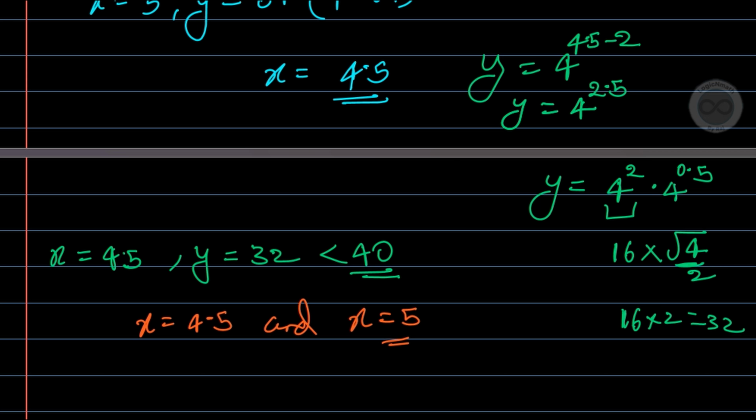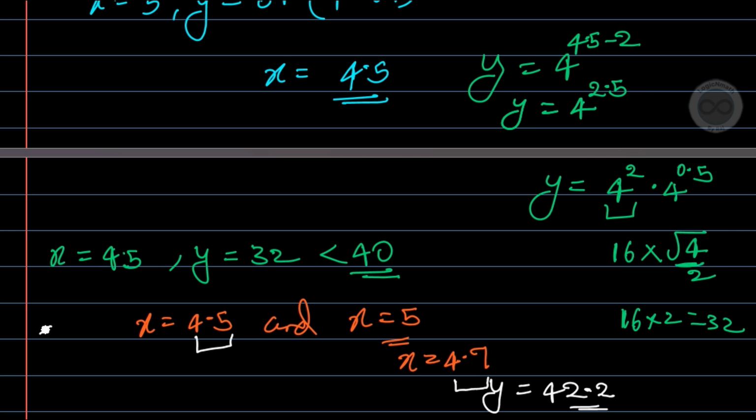So now let's assume another value, let it be 4.7. So when we solve for x is equal to 4.7, we get the value of y approximately 42.2. So now we have come to the conclusion that our value is in between 4.5 and 4.7.